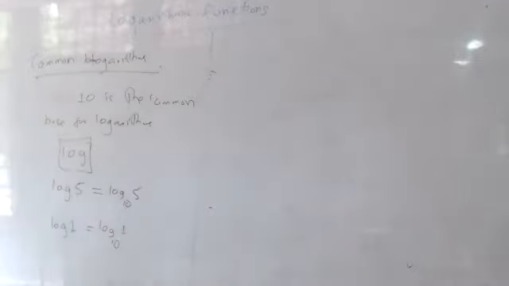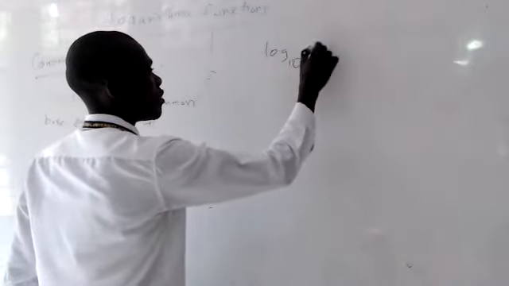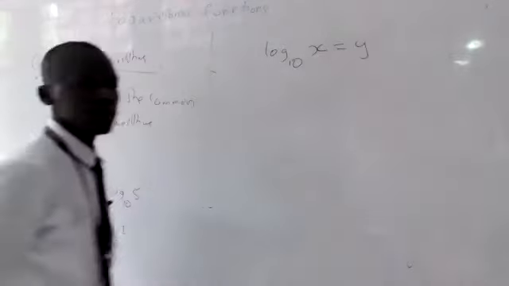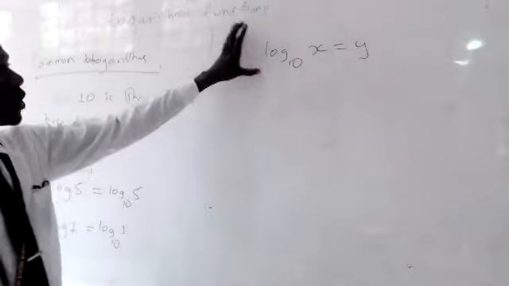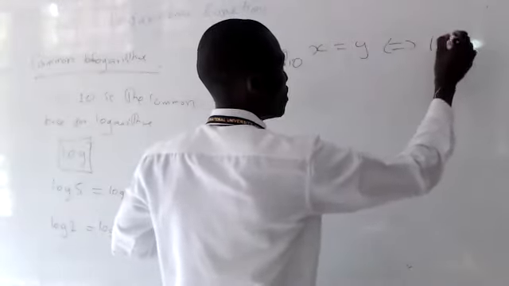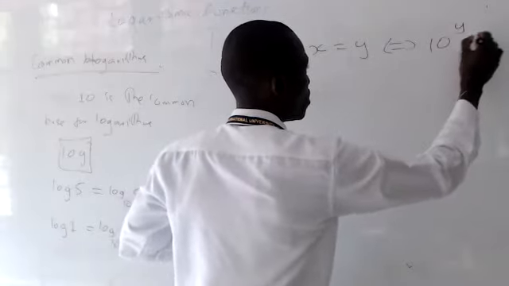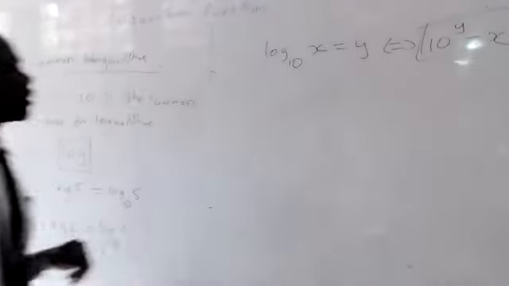Okay. So this is the common base for logarithms, base 10. In general, when you have log to base 10 of x is equal to y, in index form or exponential form, this simply means that 10, the base, raised to the logarithm should give you the number x. Okay.